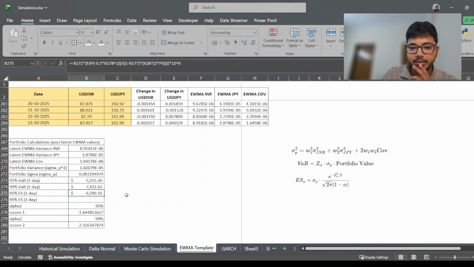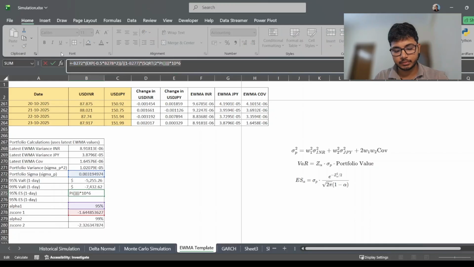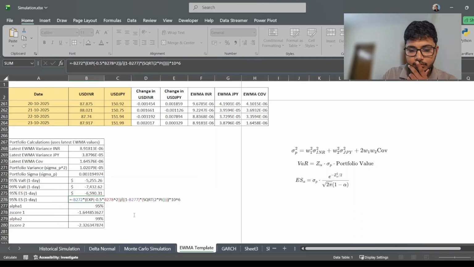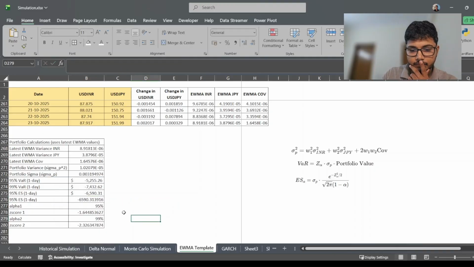So you can say it is more than the 95% VAR. Now we are going to calculate values for this. We're going to change the Z values.